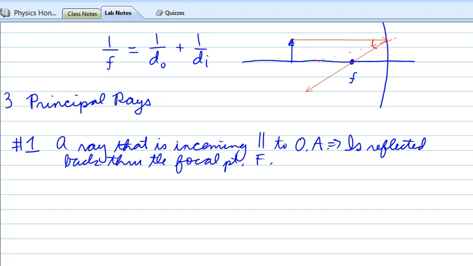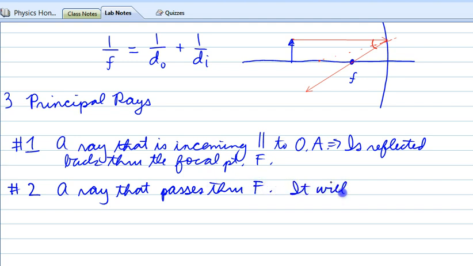Let me move things back. The second principal ray is basically the reverse of this. Okay? It is a ray that passes through the focus. Okay?